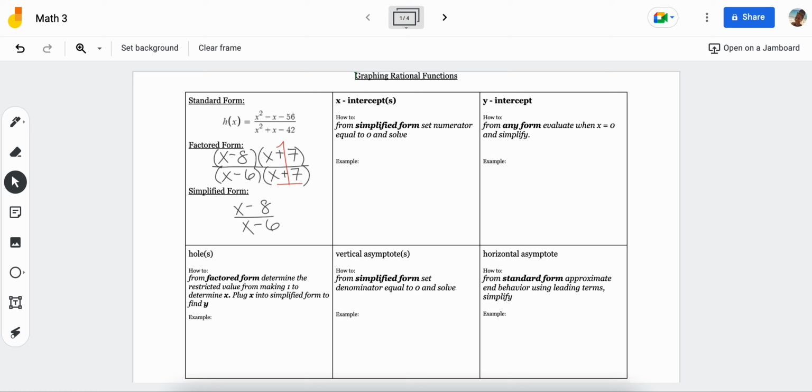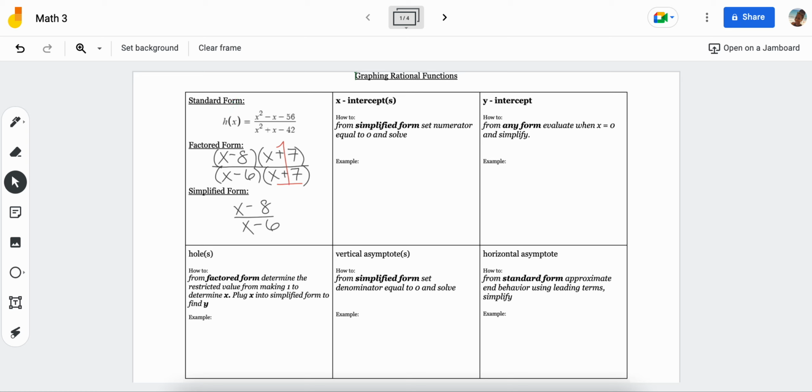So now we have all three forms, and we're going to look to see what our how-to says to find each of these different key features. For x-intercept, it says, from simplified form, set the numerator equal to 0 and solve. X-intercepts happen when y, or h of x in this case, is equal to 0.